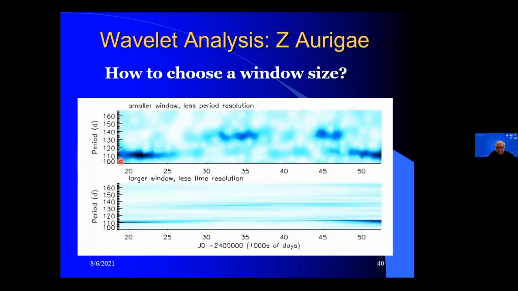It can be as fine as this one, or as coarse as this one. If you have a smaller window, less period resolution, but if you have a large window, you have less time resolution. It is quite up to you to identify which period is the best here. And yes, as seen here, you need a very good visualization technique in wavelet analysis.